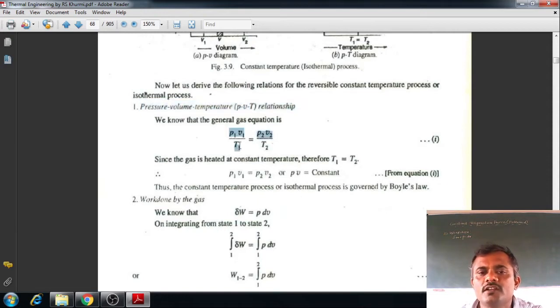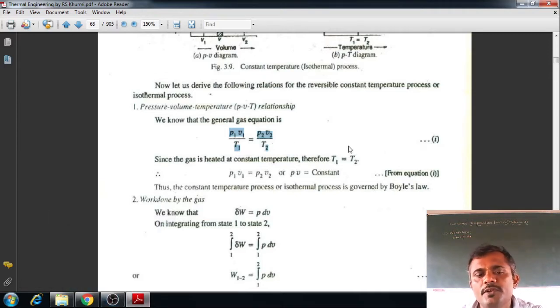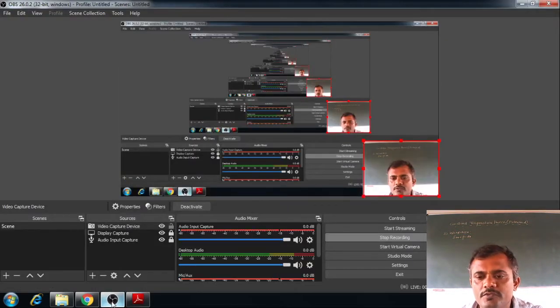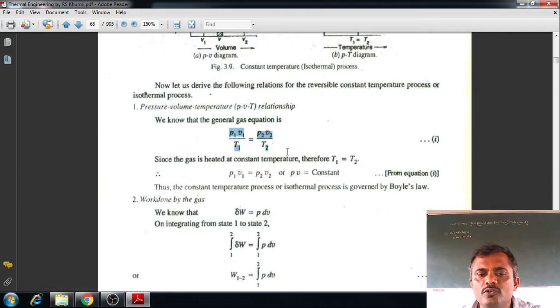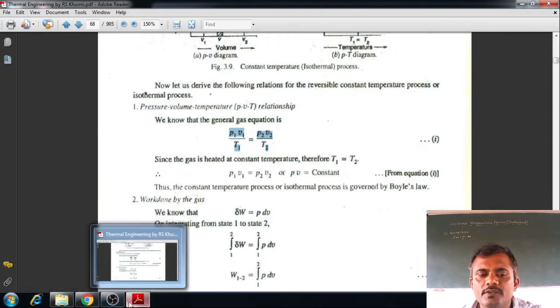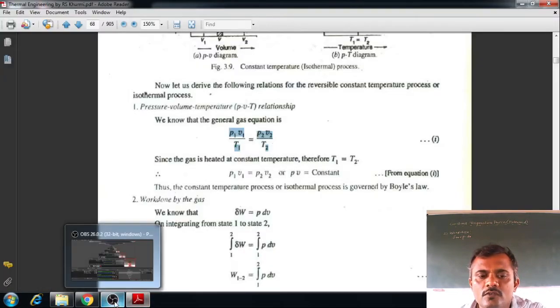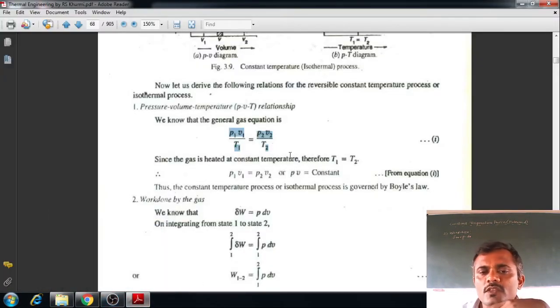As you know, this is the general gas equation: P1 V1 by T1 is equal to P2 V2 by T2. In this, temperature is constant.